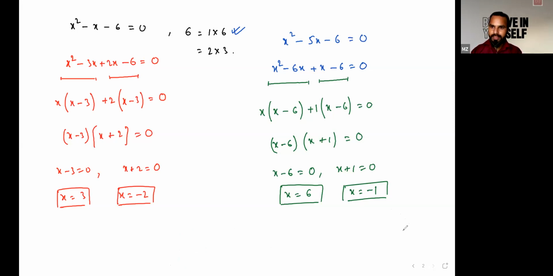Whether all terms would contain the same sign, whether positive or negative, or they would be in pair form. Okay.